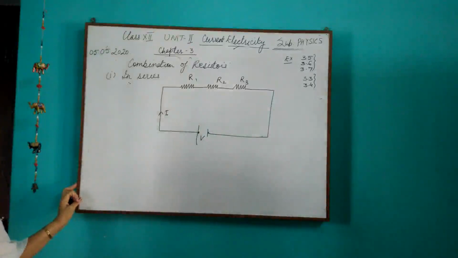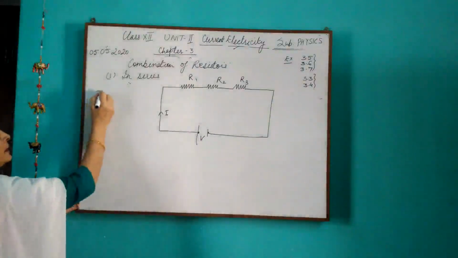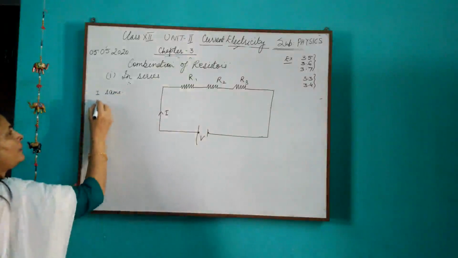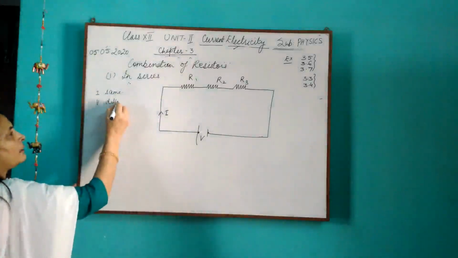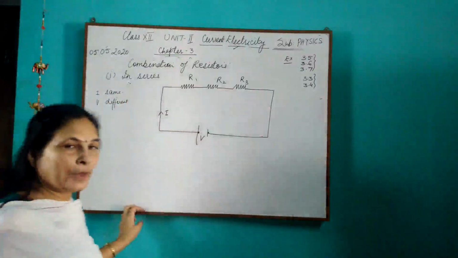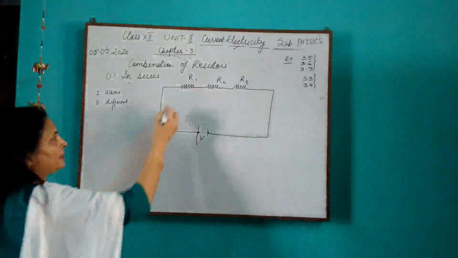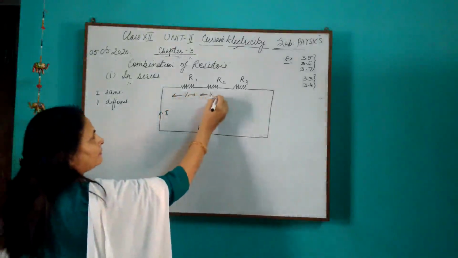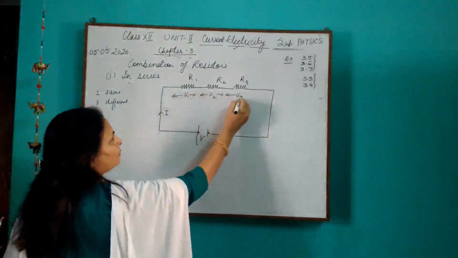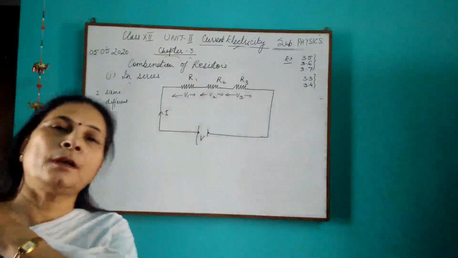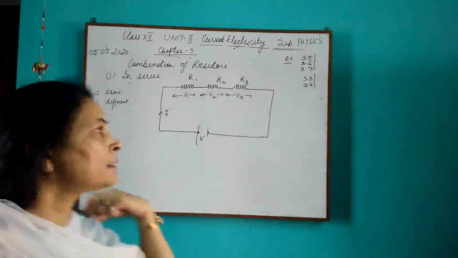Now what are the conditions in a series connection? Here the current will remain the same. V will be different across each resistor. So let us consider V1, V2 and V3 be the potentials dropped across the resistors.